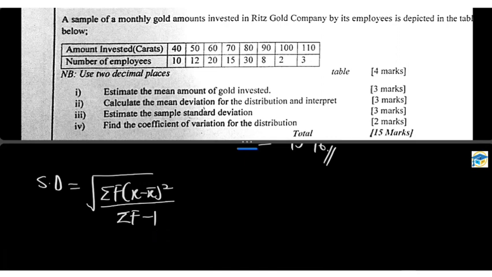Because it is a sample, you subtract 1 from the total frequency. So this is how we calculate the sample standard deviation. Is that okay?